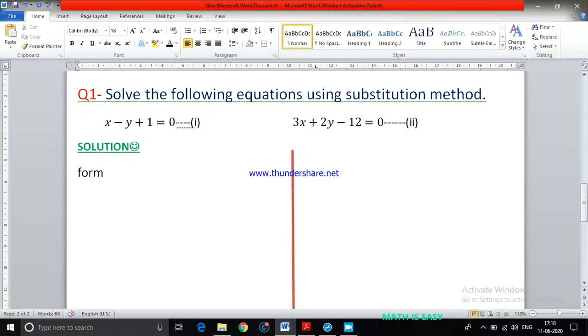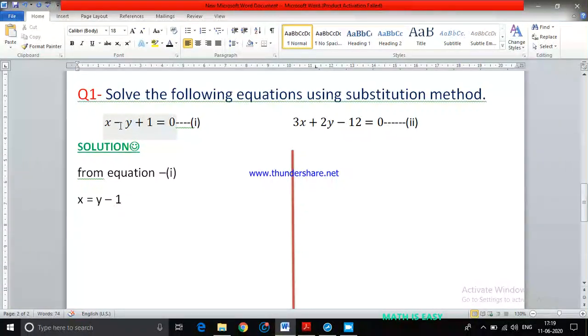So from equation 1, which is given as x minus y plus 1 equals 0, can I write this equation as x equals y minus 1.